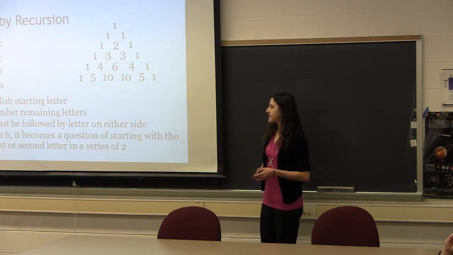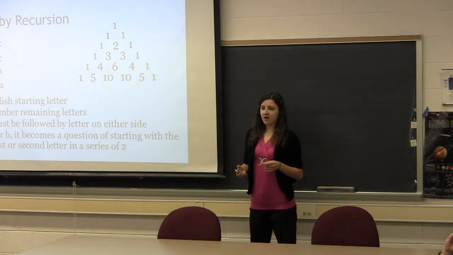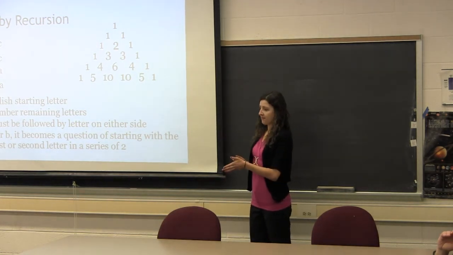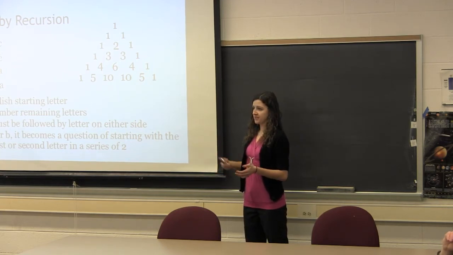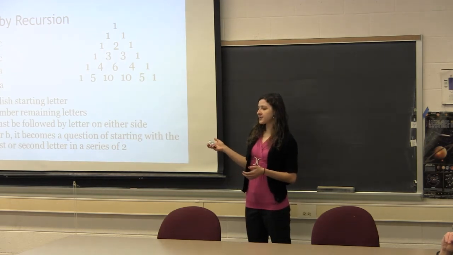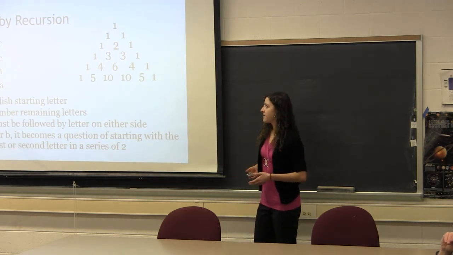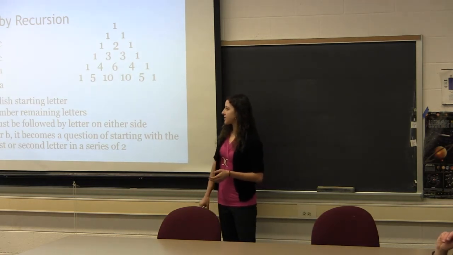So what you do is when you're looking at the middle letters, you have to remember that the letter that comes after it has to follow directly after it in the alphabet. So you can't go from B to D, for example, because otherwise you're going to have to insert something in the middle later on. So that doesn't really matter in the case where r equals 3, but it will matter later on. So B can either be followed by A or by C, which you see over there.